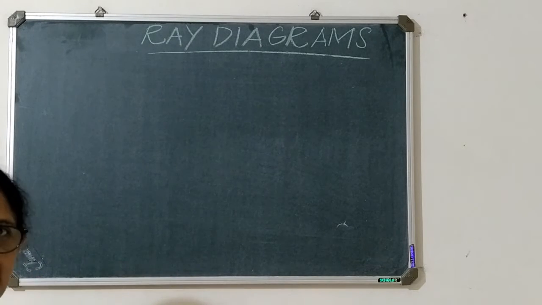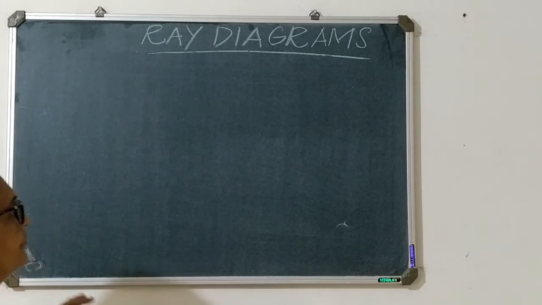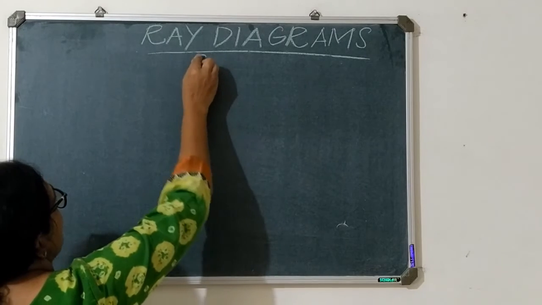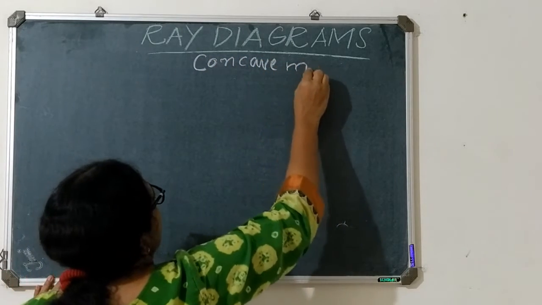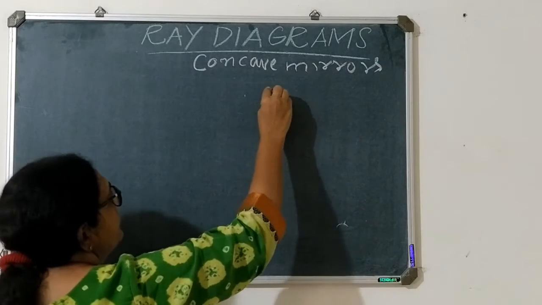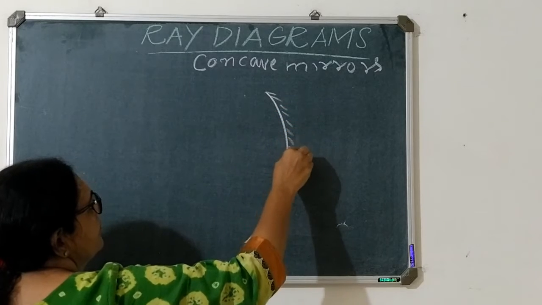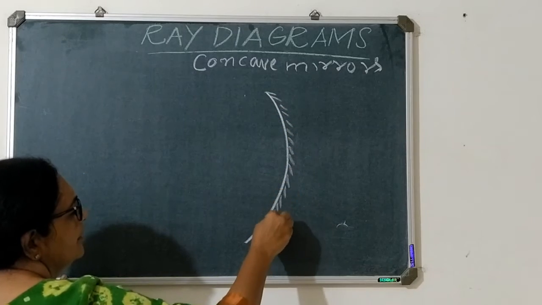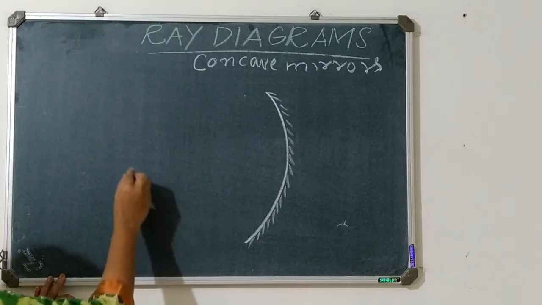For all the diagrams, the basic structure that you need to draw is for concave mirrors. Basic what you are going to draw is, you will draw a concave mirror for all the conditions of the placement of the object.